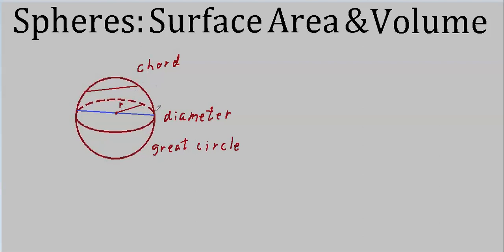This great circle happens to be the biggest circle you can produce. If you cut the sphere with a plane, you will always get a circle, but if that plane doesn't go through the center, every other circle you can get will be smaller than the one that goes through the center. If you think of it that way, it might be easy to remember that it's called a great circle.